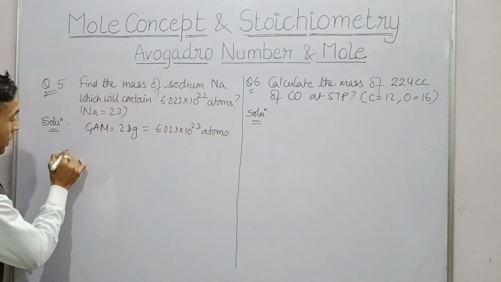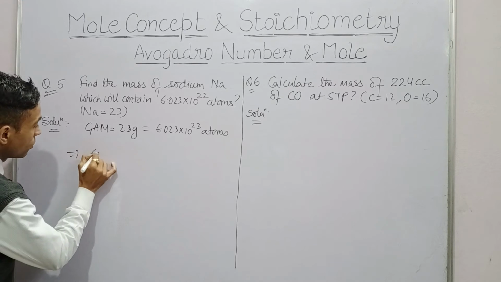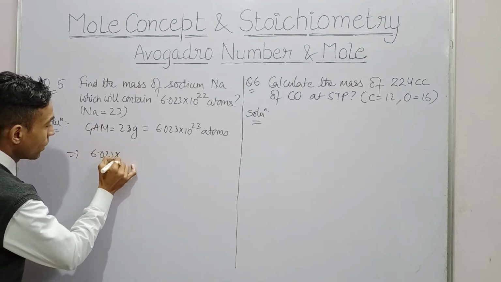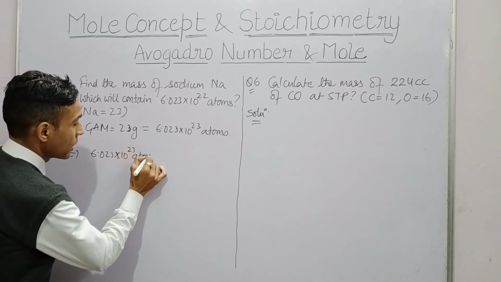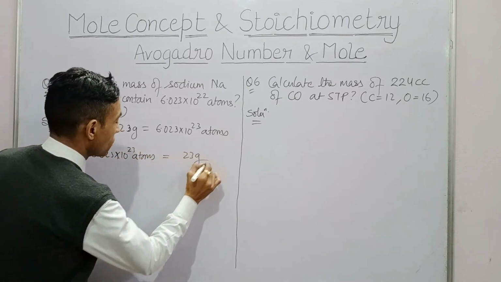So let's use unitary method. 6.023 into 10 to the power 23 atoms mass is 23 gram.